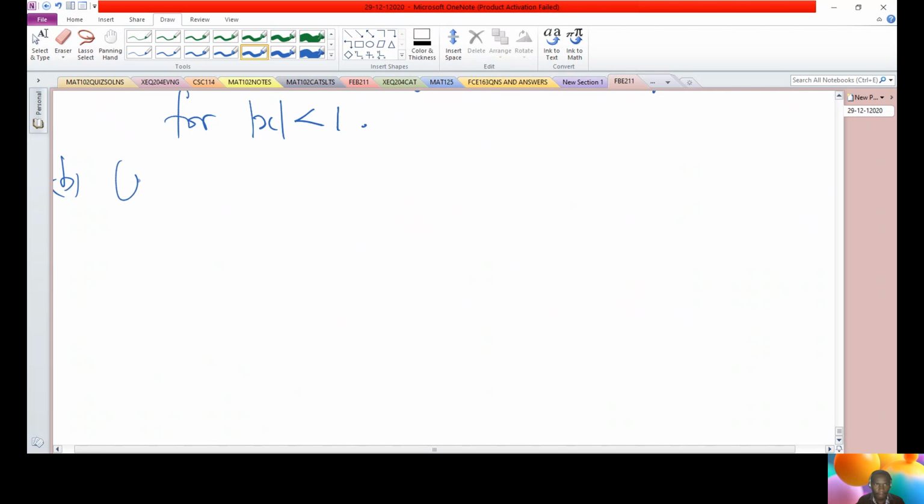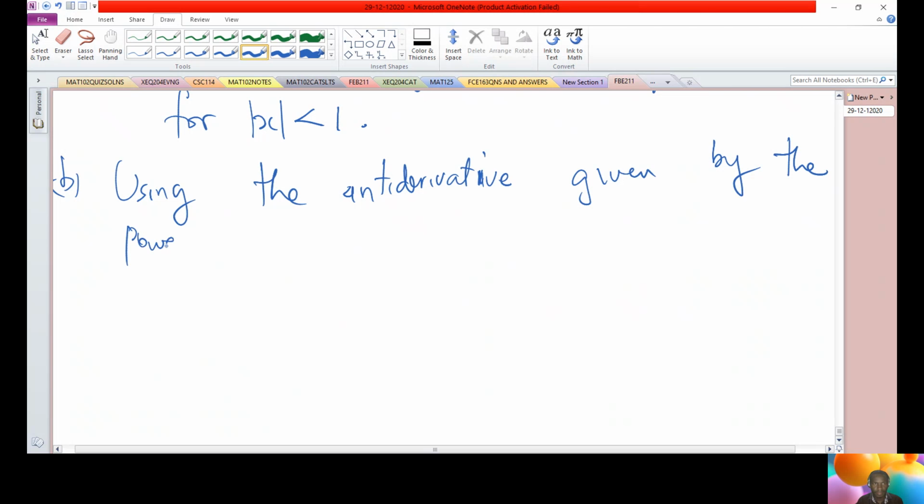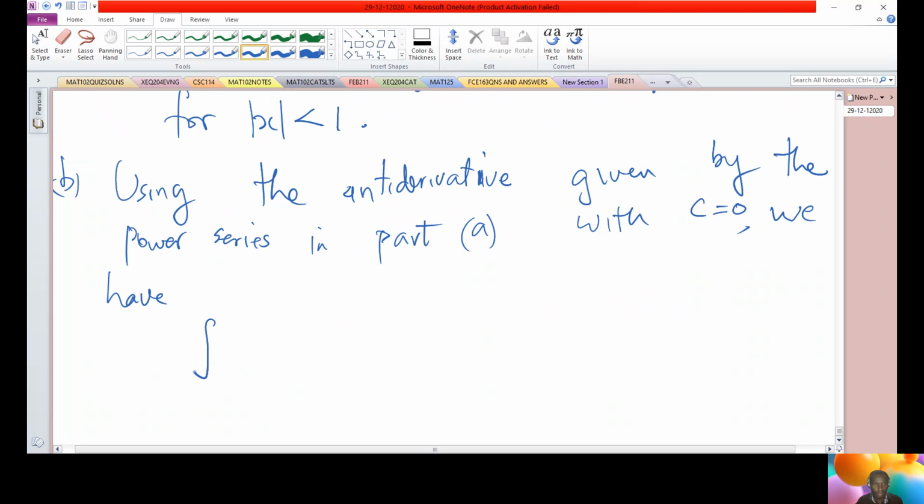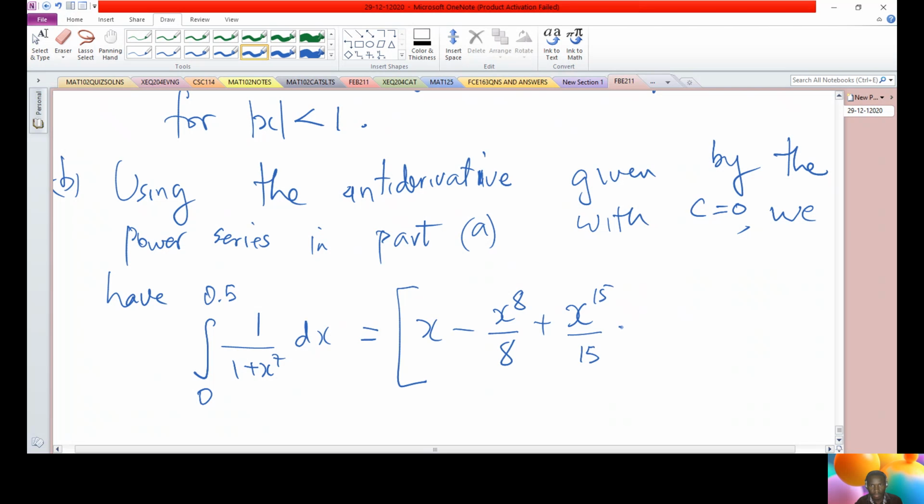Part B, using the antiderivative given by the power series in part A, with c equals 0, we have the integral from 0 to 0.5 of 1 over 1 plus x power 7 dx equals x minus x power 8 over 8 plus x power 15 over 15 minus x power 22 over 22, evaluated from 0 to 0.5.